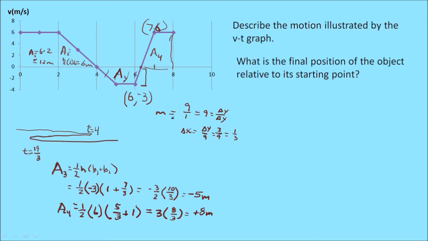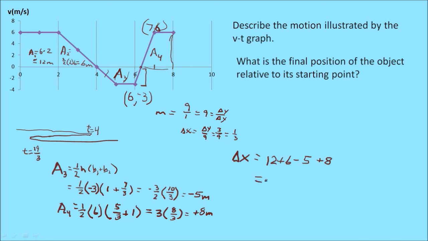And so displacement is the total area under, put that in quotation marks, the graph, keeping in mind that areas below the horizontal axis, the time axis, are negative. And so that total area is the total displacement. And so we can say that delta x is going to be 12 plus 6 minus 5 plus 8.